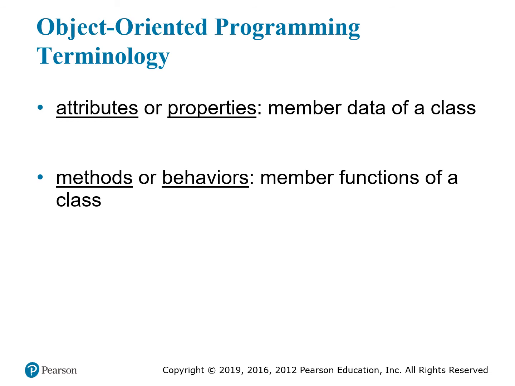These classes or objects also have methods or behaviors. These are the member functions of the class that do things for us. So sometimes behavior is appropriate. We can talk about what does a tree do? It does photosynthesis. So we could call tree.photosynthesize. We could call tree.sway in the wind. Those are behaviors.